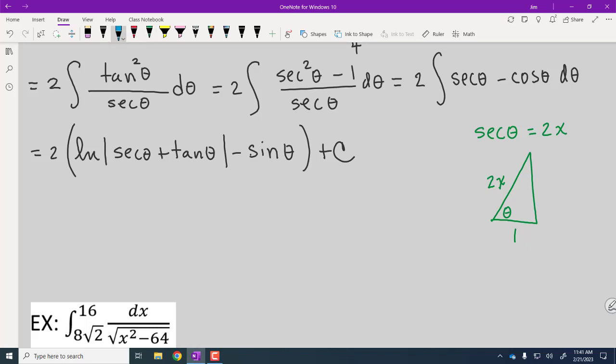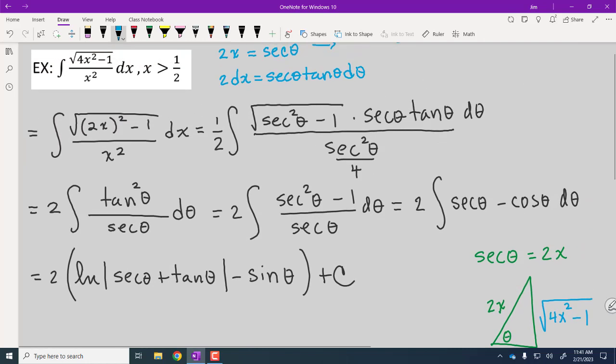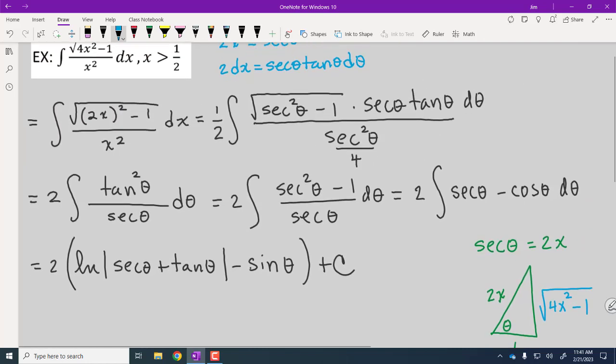Then we find the missing side. So hypotenuse squared minus leg squared. And if we go back to the original, it should look similar to something up in the original, and it does.